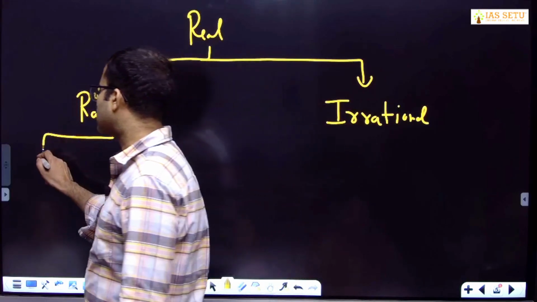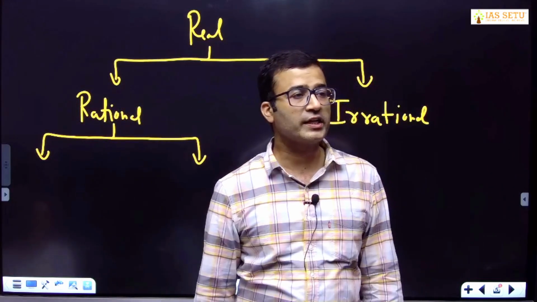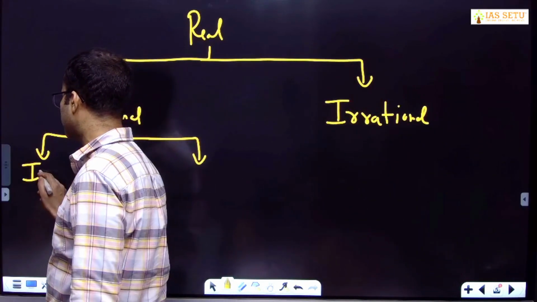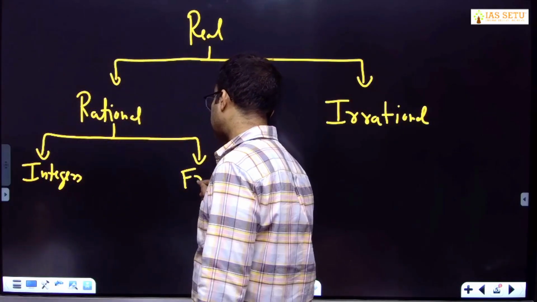Now here next is rational. Further we categorize rational numbers in two categories. One is known as integers, second is known as fractions.